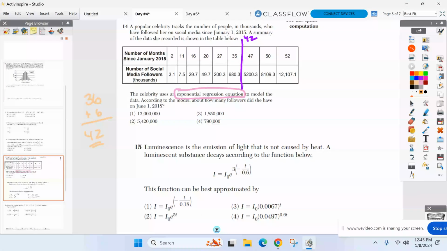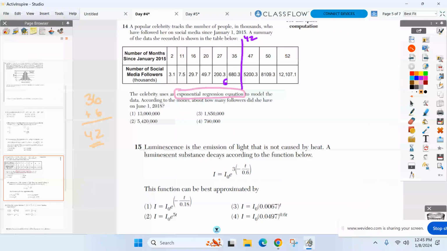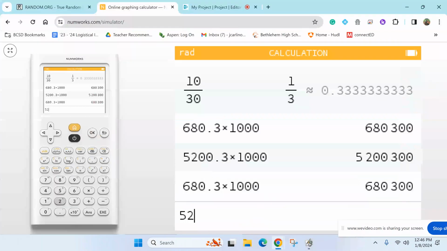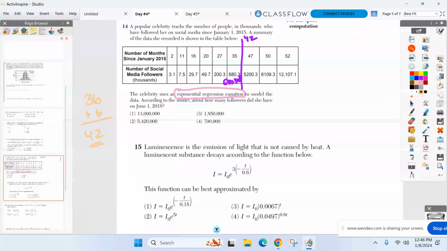So that's how many she had here. 680,300. And then over here, you can do 5,200.3 times 1,000. And it's over 5 million, right? 5,200,300.